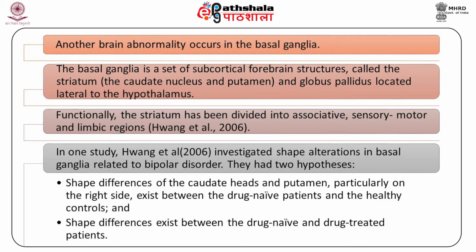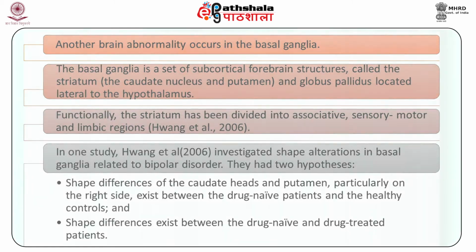In one study, Huang investigated shape alteration in basal ganglia related to bipolar disorder. They had two hypotheses. First, shape differences of the caudate heads and putamen, particularly on the right side, exist between the drug naive patients and the healthy controls. And the second hypothesis is shape differences exist between the drug naive and drug treated patients.